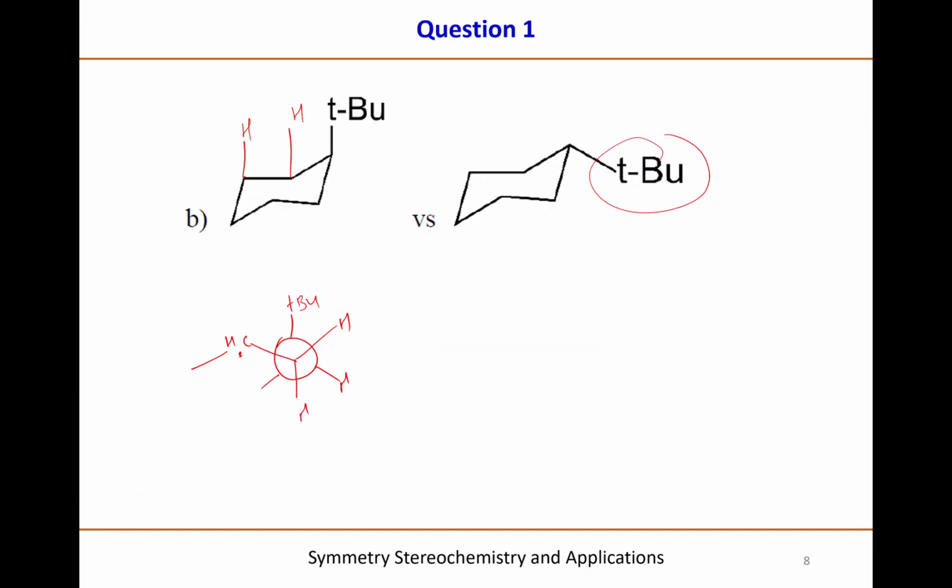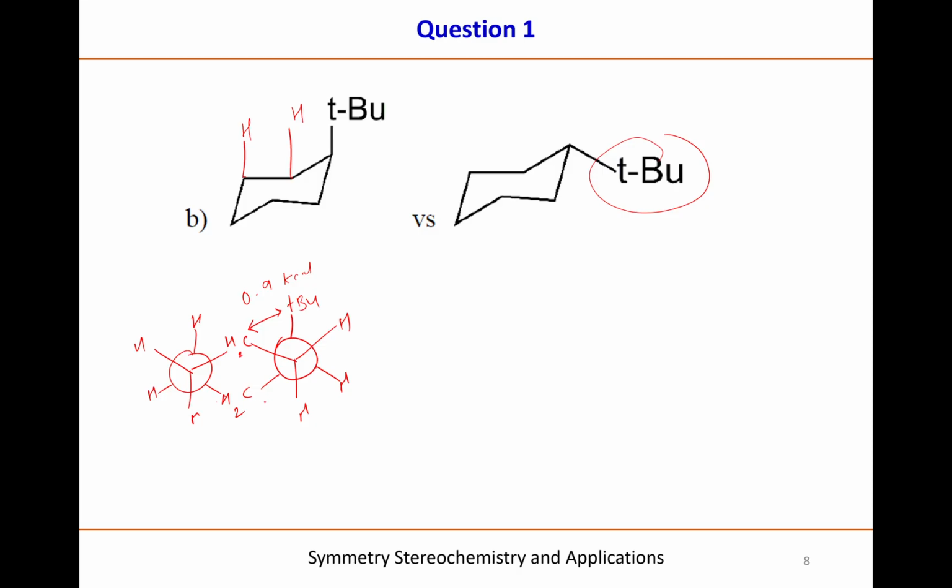Now in the next question, here we have tertiary butyl group. Again the gauche interactions are there. So here gauche interactions are there, 0.9 kcal, correct?